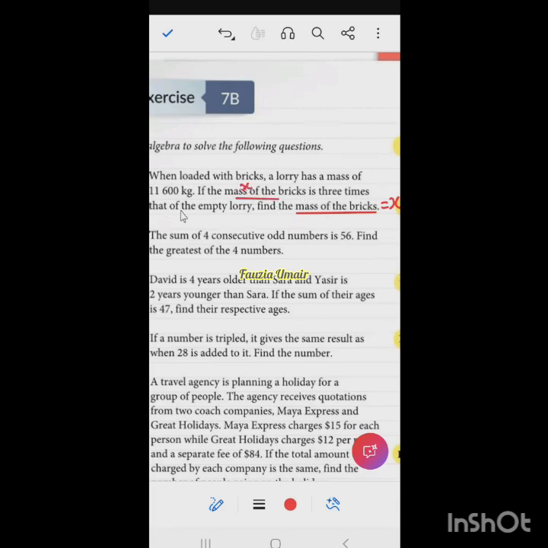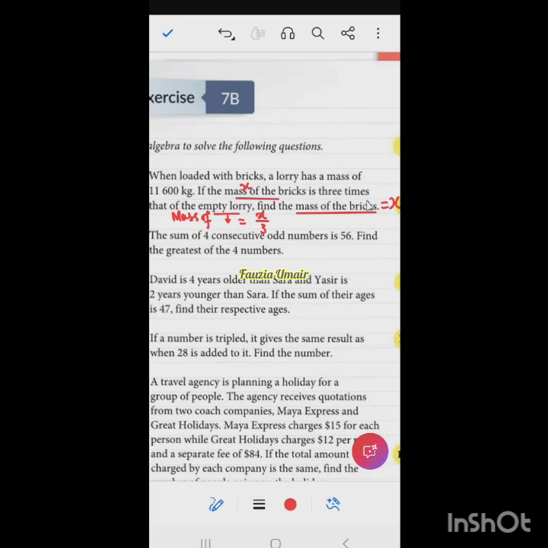So what would be the mass of the empty lorry? The mass of the bricks is 3 times more than the mass of the empty lorry. So the mass of the empty lorry would be the bricks' mass divided by 3.